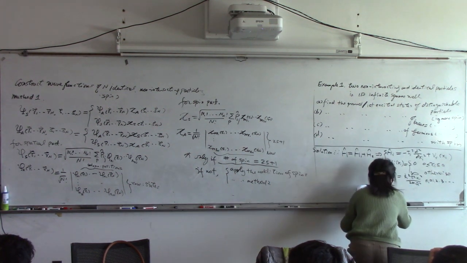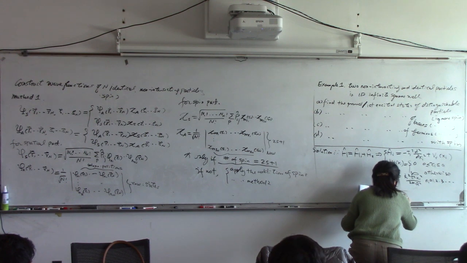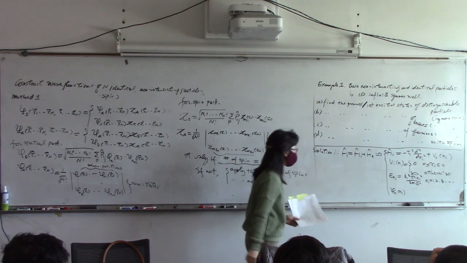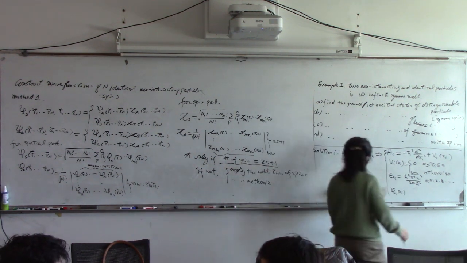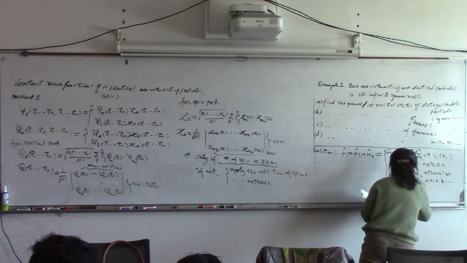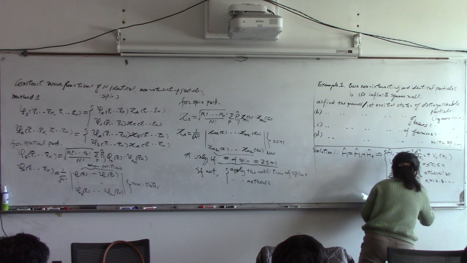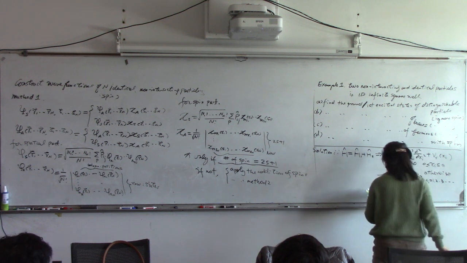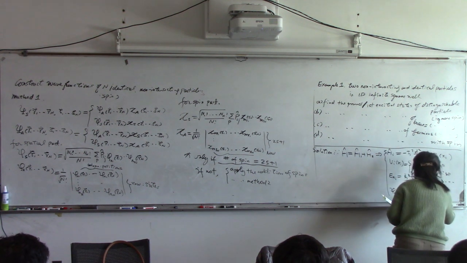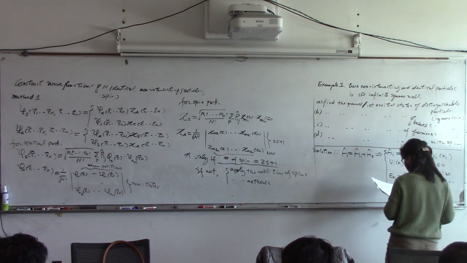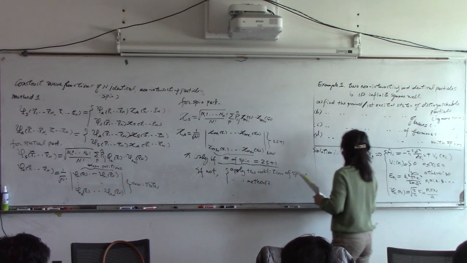Then the single particle wave function, or eigenstate, corresponding to each eigenvalue is square root of 2 over a times sine of n_i pi x_i over a. Right, so those are the information.